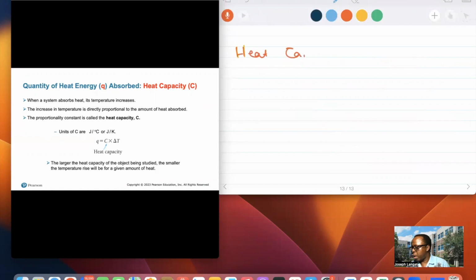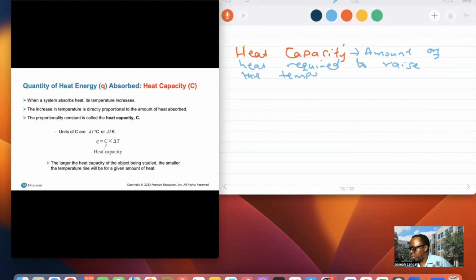Heat capacity is simply the amount of heat required to raise the temperature of a substance by 1 degree Celsius or 1 Kelvin.